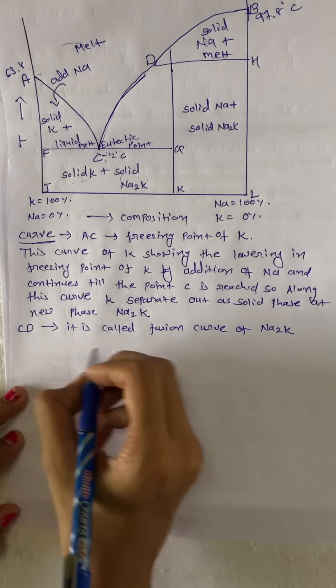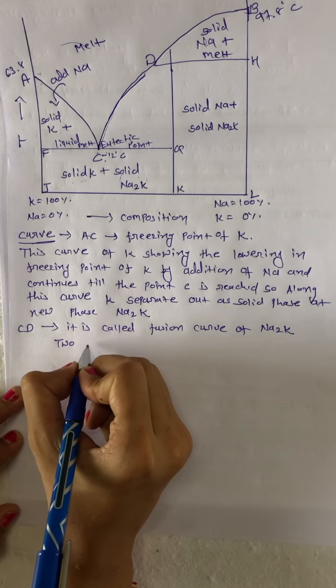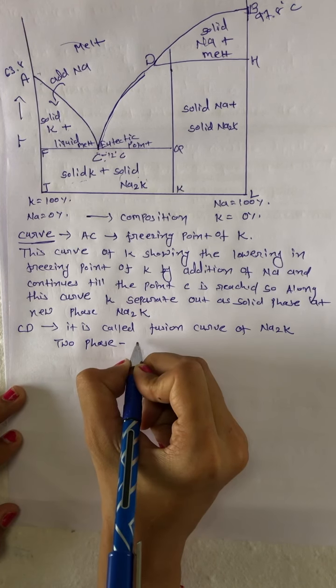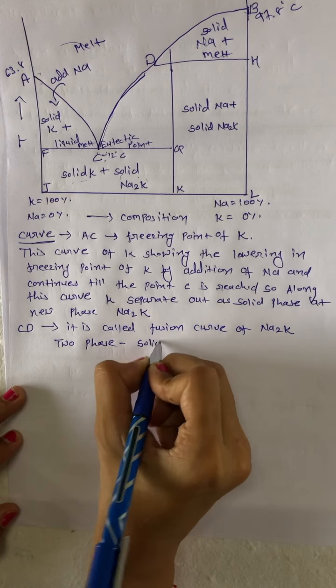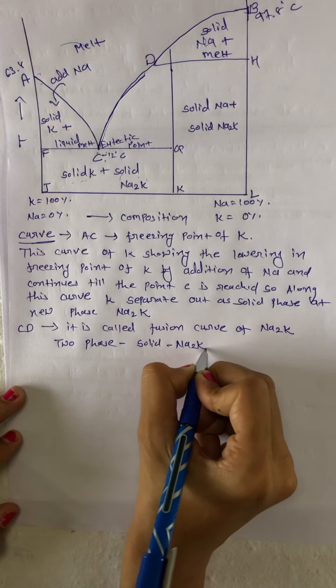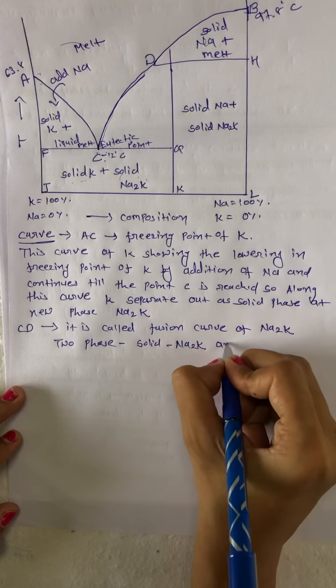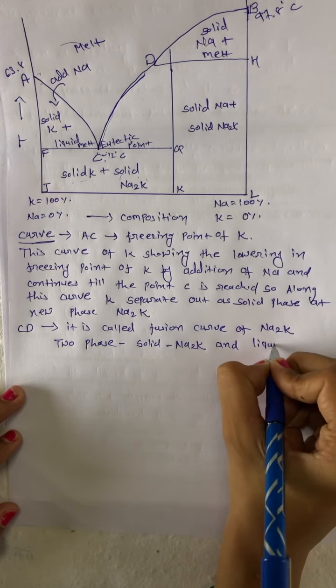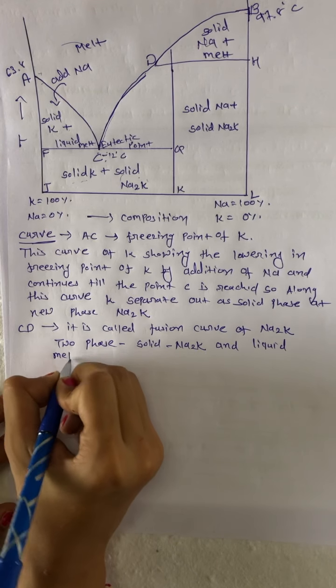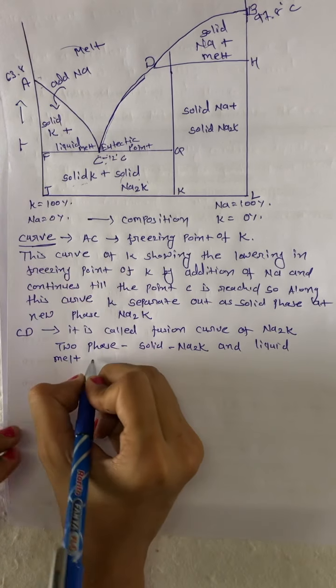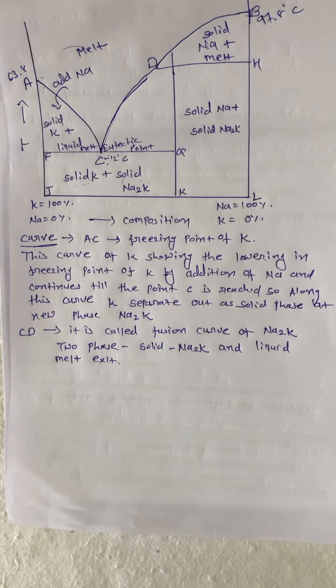And two phases, which ones? Solid Na2K and liquid melt exist along this curve. If the compound were stable with a congruent melting point, then the curve may be plotted up to the stable melting point E of the Na2K.